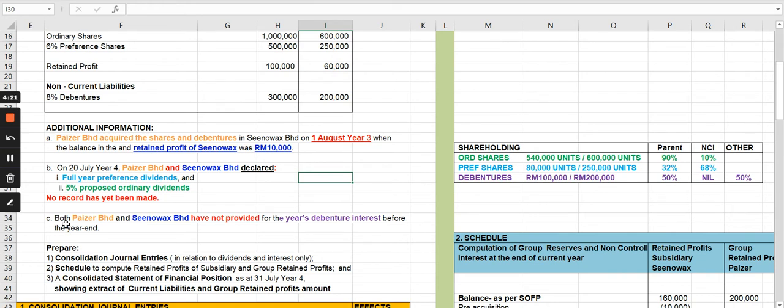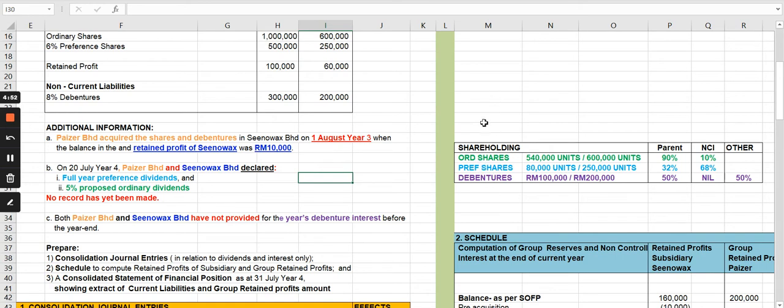You have the requirements: the consolidation journal entry that you need to prepare, the schedule to compute retained profit of the subsidiary and group retained profits, and a consolidated statement of financial position after taking into consideration the intercompany dividends and interest, which will need to show the extra current liabilities and group retained profits amount.